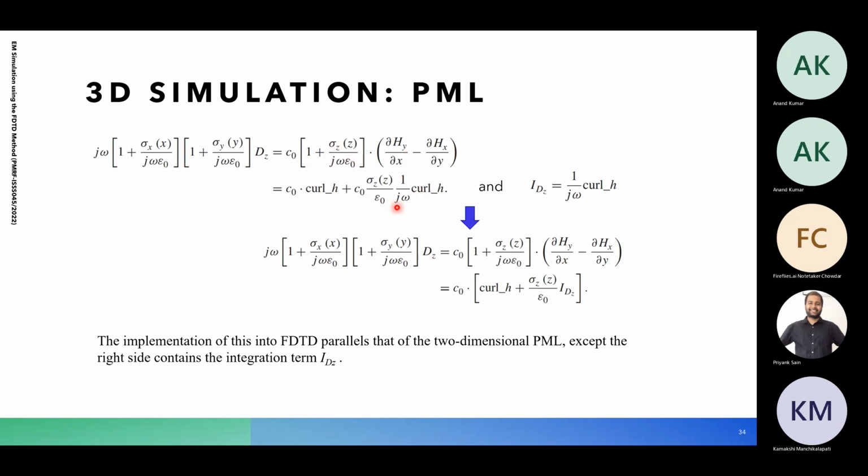So we have two terms, and now we are defining 1 by j omega and curl of h as idz. So we'll have a separate update equation for this term, and now we are replacing this whole thing as idz over here. So we can write the update equation for this. This is not very difficult now.